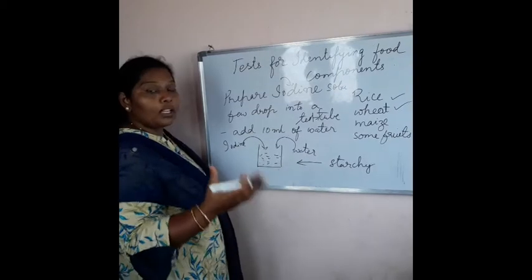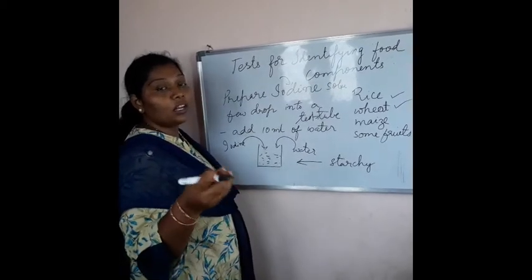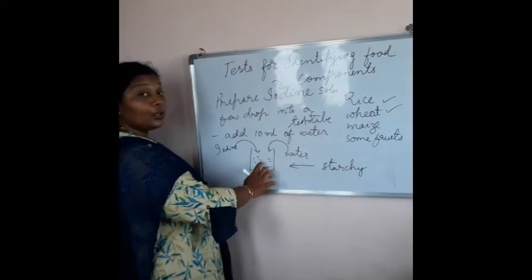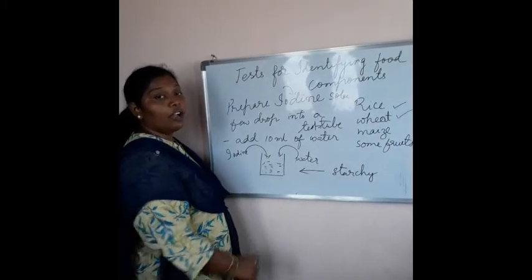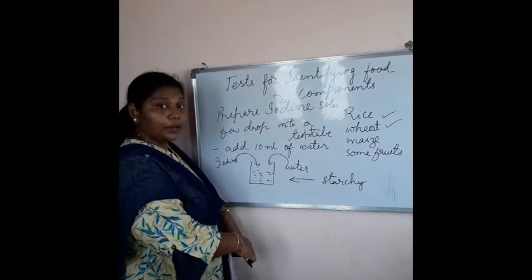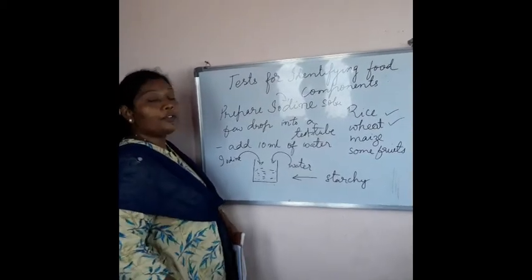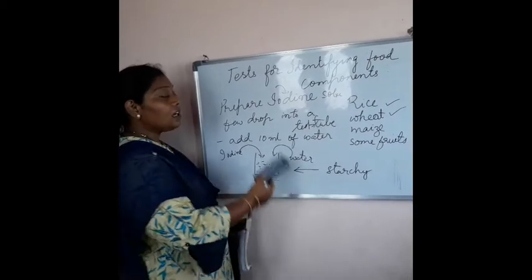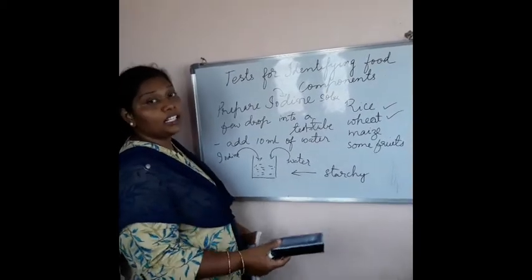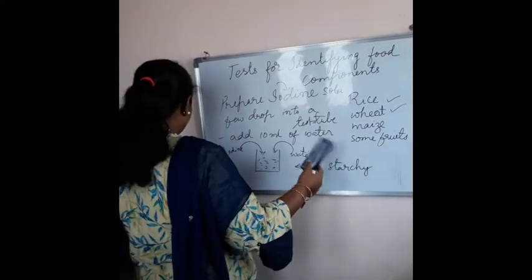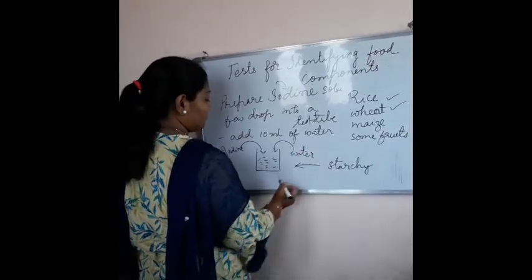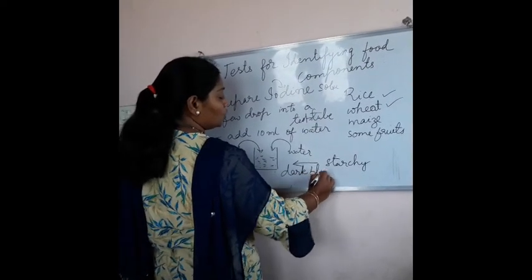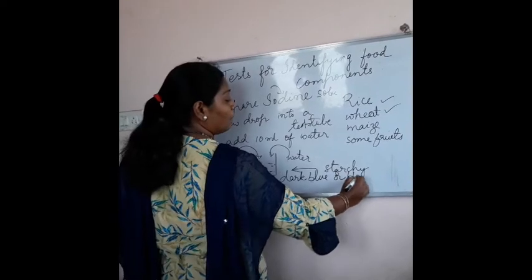Now you powder them, or you can make a small paste of them, and you add it into this diluted iodine solution. Leave it for a few minutes. Then what will happen? The color of the food material will turn dark blue or black. The result is dark blue or black.